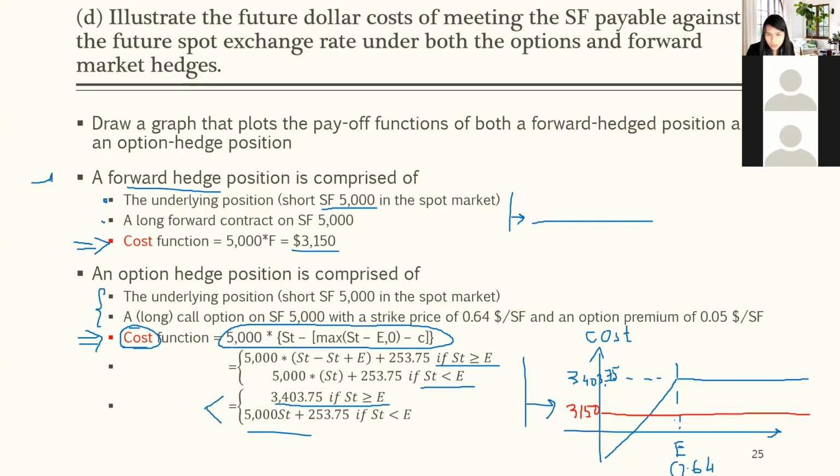So I think you should take a screenshot of this slide because the solutions provided by the textbook does not have the detailed step-by-step breakdown of the functions, okay? So I think this will be a bit more detailed. I'm just gonna write ST here so we know.